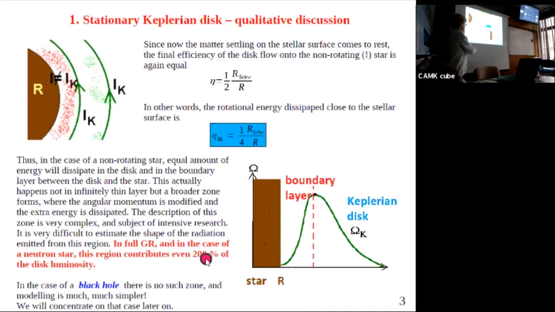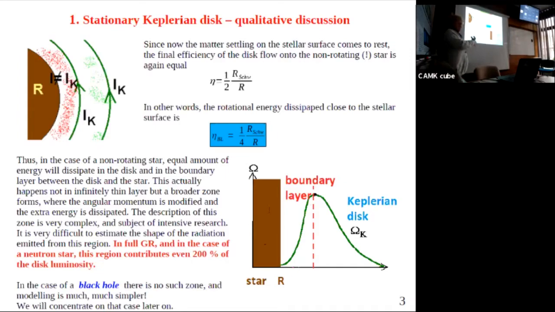And in that case, if you calculate this more carefully, it seems that you should dissipate here 2 times more energy than here. So the situation is even worse. So you have one spectral component of non-trivial shape, and then something which is 2 times more important, and you have no idea what to do with that.